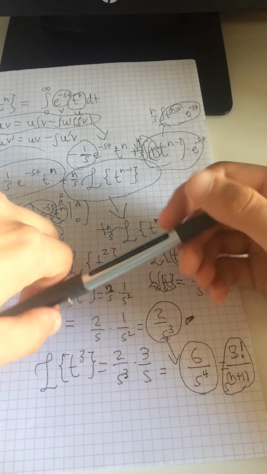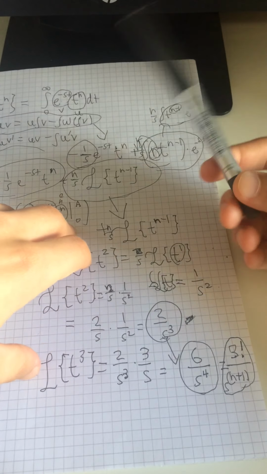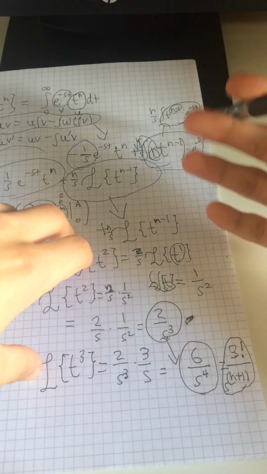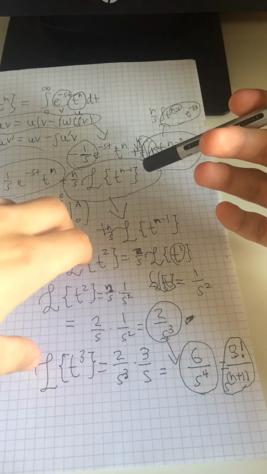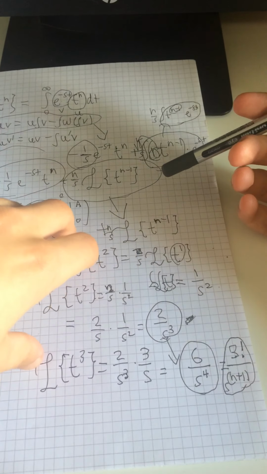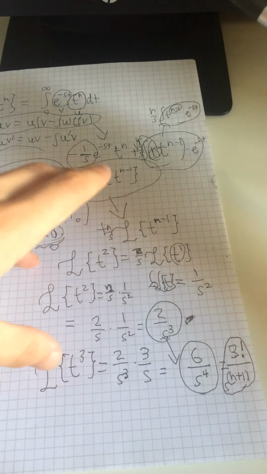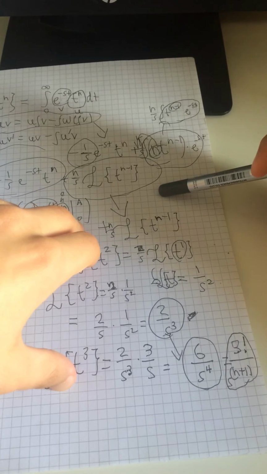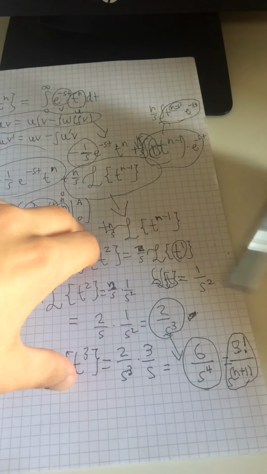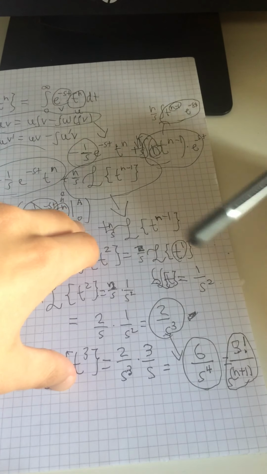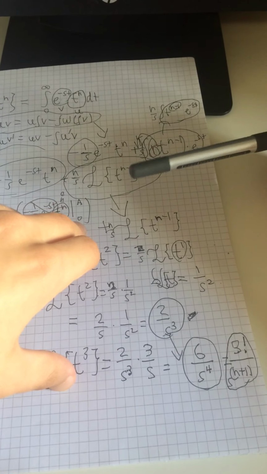So yeah, that's it for today. I try to stick to 10 minutes. It's more than 10 minutes, but I don't have any proof or anything. It's just to get you understanding this, because it's a very important entry in the Laplace transform lookup table.